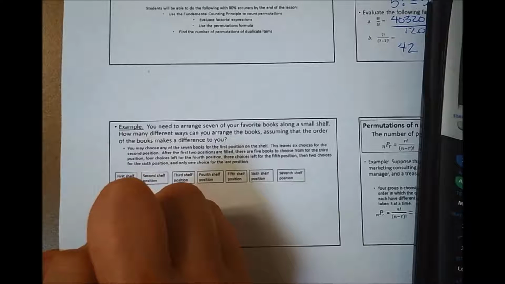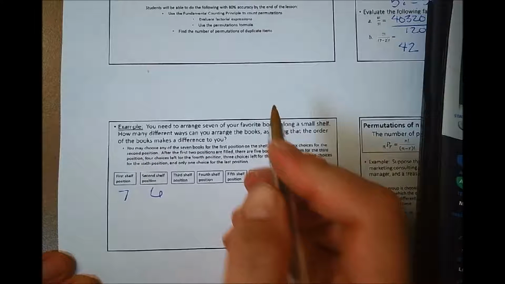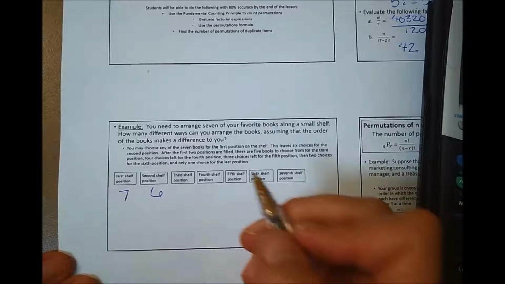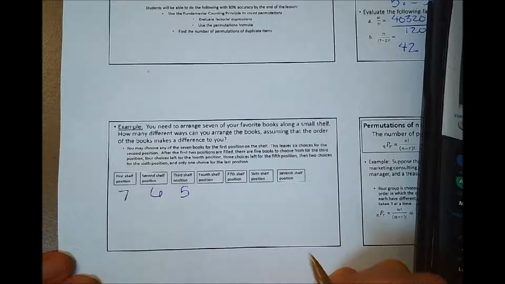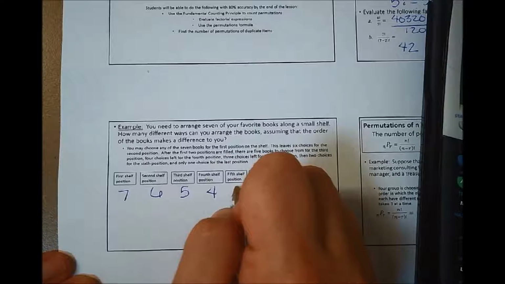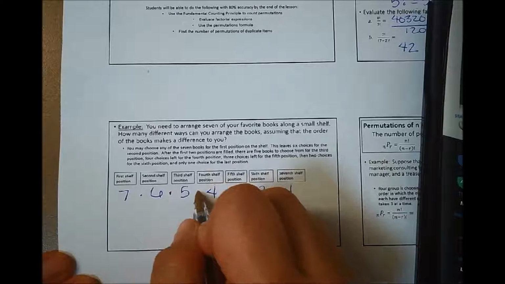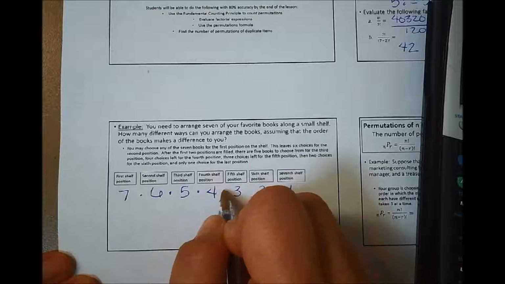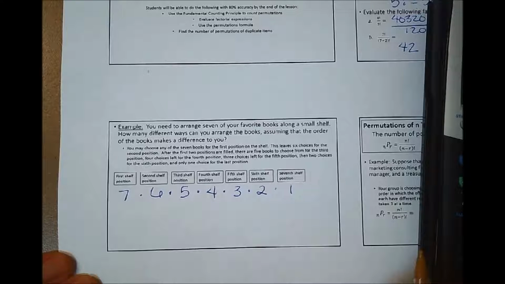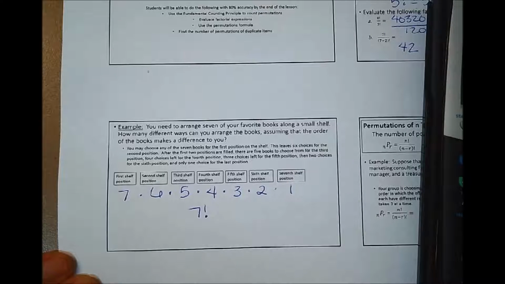But then the second shelf position, because you've already put a book here, you have 6 books to put there, which only leaves you with 5 books to put there, and 4 books to put there, and 3 there, and 2 there, and 1 there. So, fundamental counting principle says we would multiply those all together. So 7 factorial would be the answer.